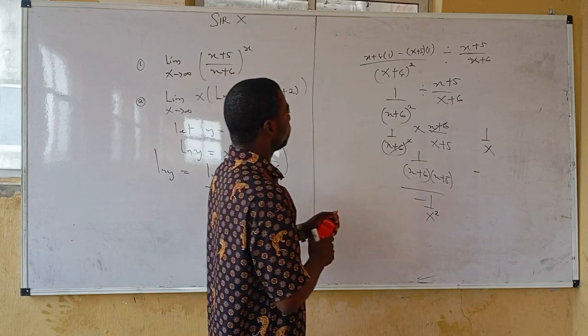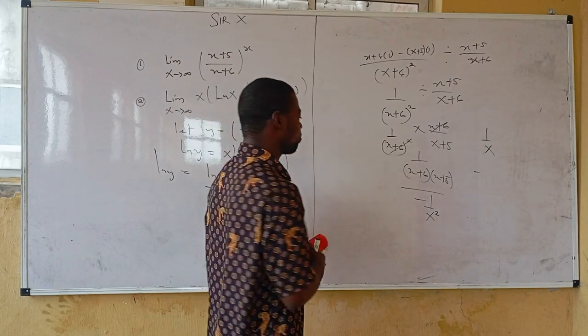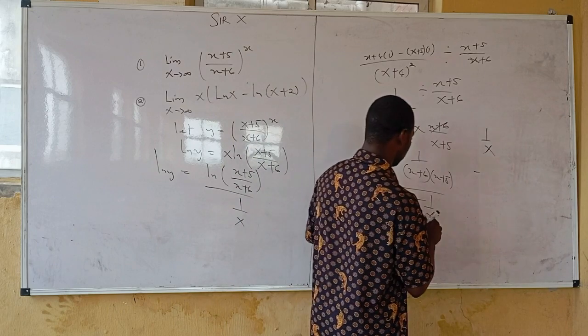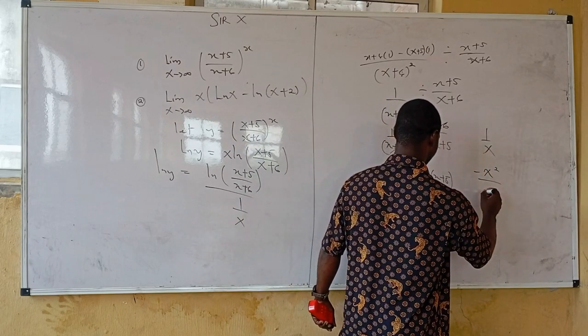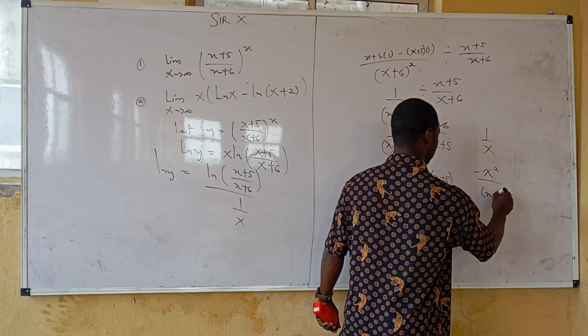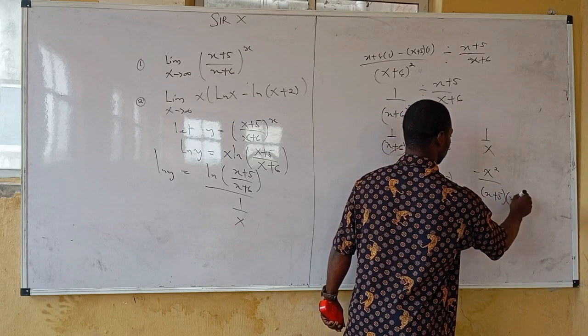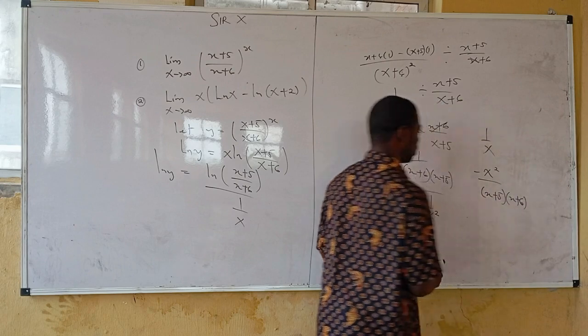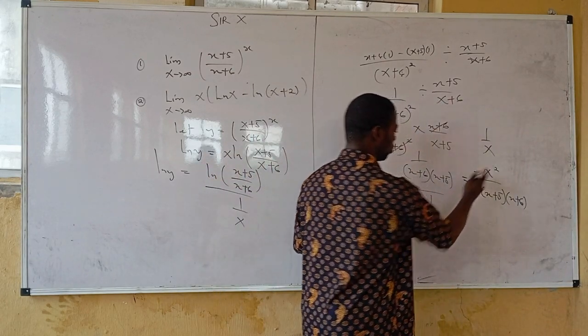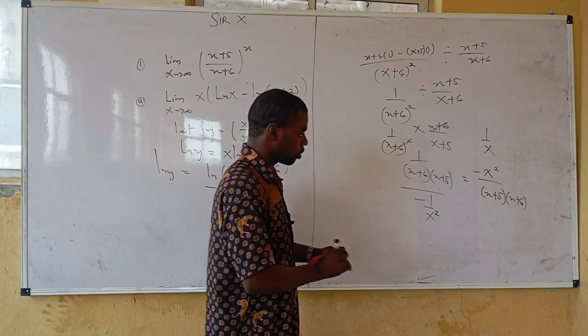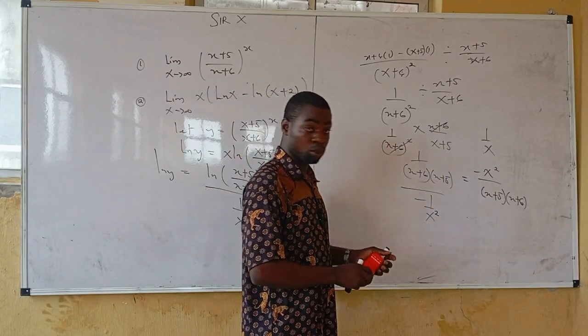Is anything wrong anywhere? No. Yeah, that's what we'll get: negative of x squared all over (x+5)(x+6).